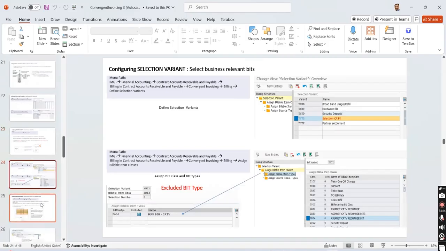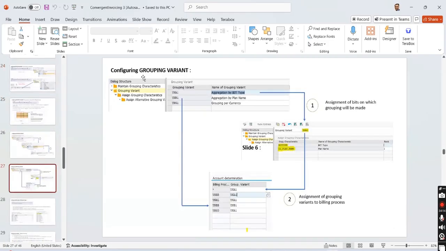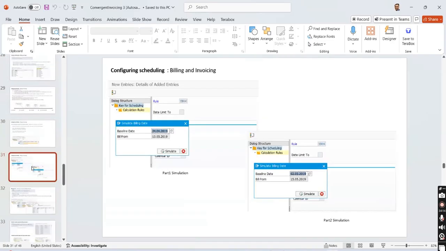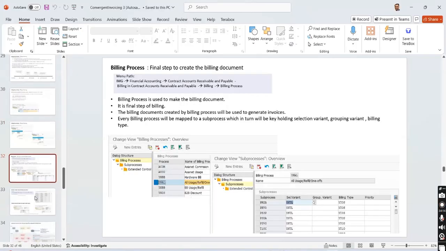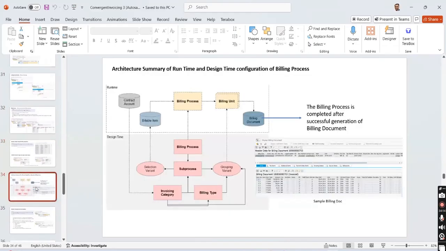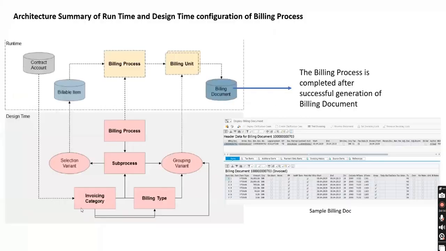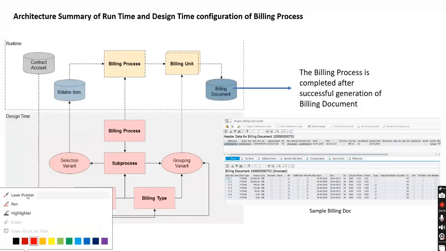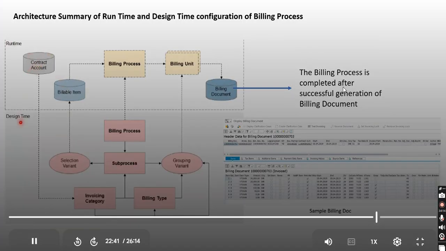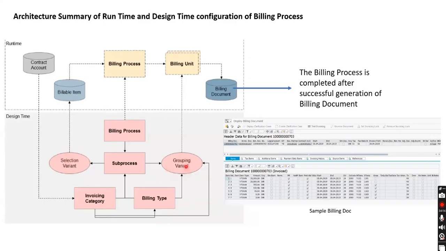Here there's a diagram which will help you identify what is being assigned where, because they all have similar-sounding names. So the contract account sub process is assigned to the billing process, to the selection variant, to the grouping variant, and also to the billing type.